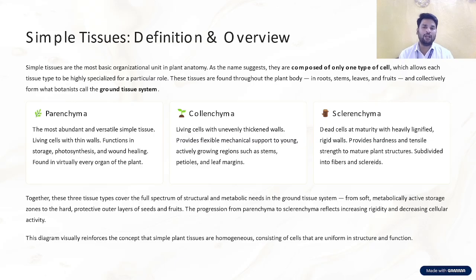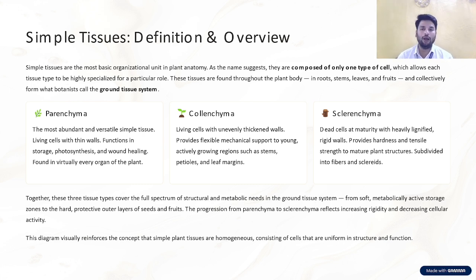Basically, simple tissue has three basic types or classes named parenchyma, the most abundant, versatile simple tissue, with living cells with thin walls, functioning in storage, photosynthesis, and wound healing, found in virtually every organ of the plant.